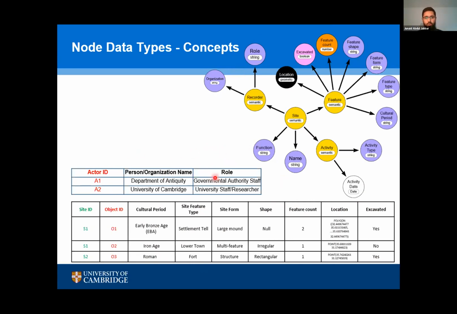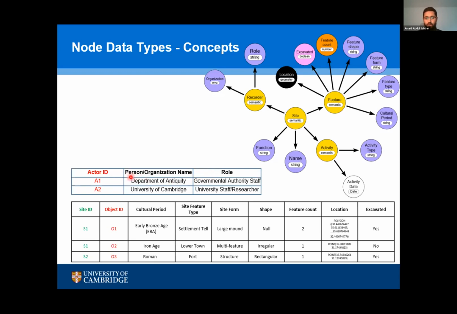So we can see that there are certain attributes in our data set which could be controlled using standardized terms. For example, we can standardize our role attribute by defining standardized terms. In case of organizations, the standardized terms could be a government institute or a conservation institute, or an academic institute, a university.